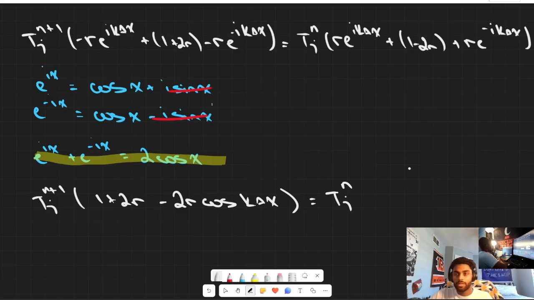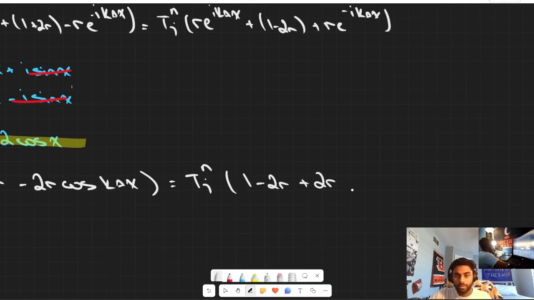It's the same story here. And now this is 1 minus 2R plus 2R cosine k delta x, times Tj at n.